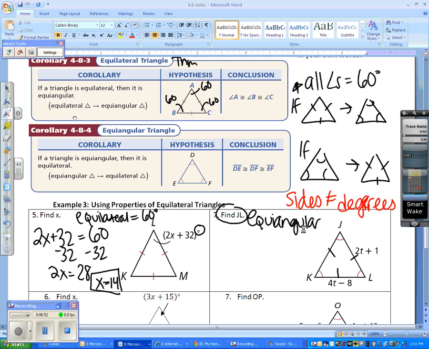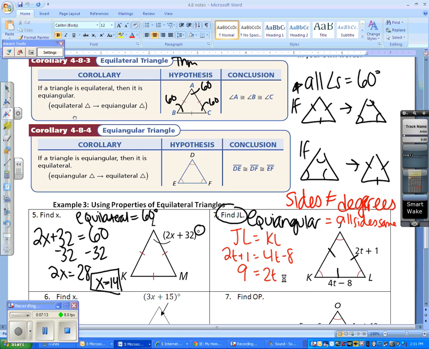So since we know that this is equiangular, all the sides are the same. So we can just say that this side equals this side. So JL equals KL. And then you can substitute and solve from there. So subtract the 2t. Now I have 2t, add an 8, and I have 9.